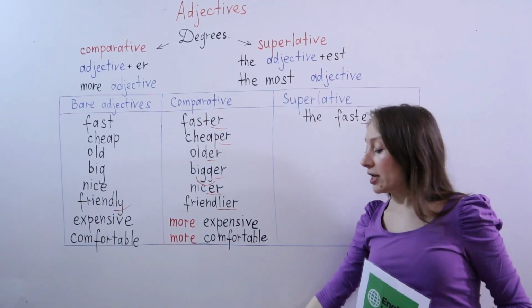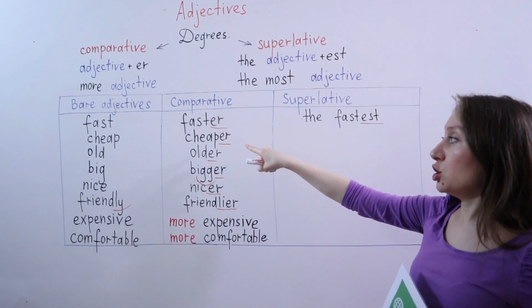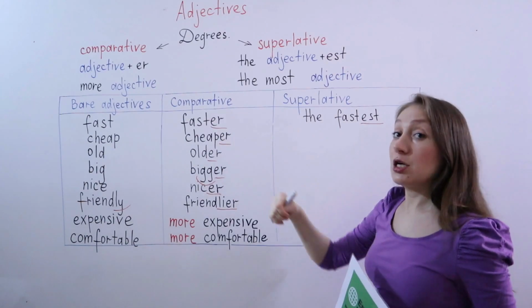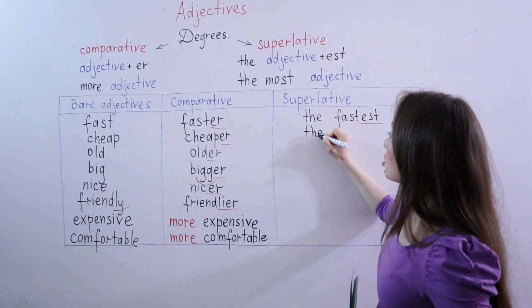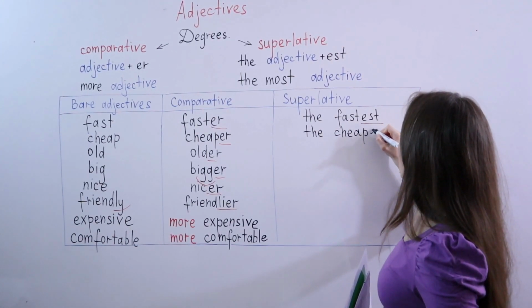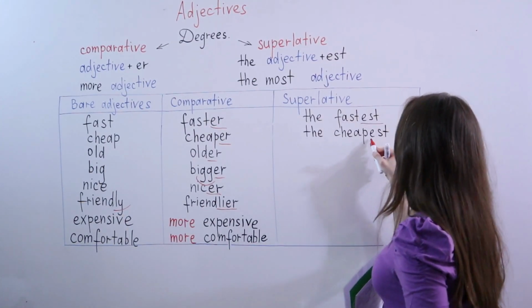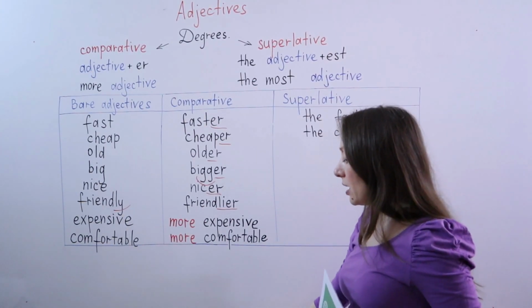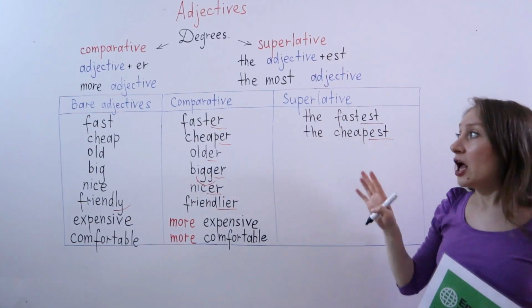Very easy, right? The next one, cheaper. Cheap, cheaper. Also, it's a short adjective. We add the same construction. The cheapest, right? est.